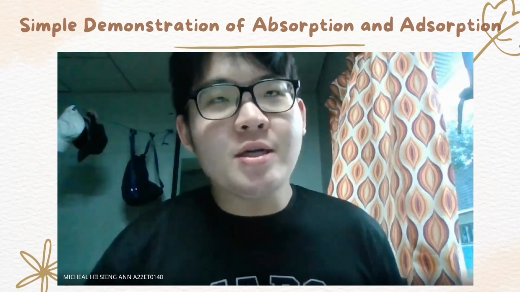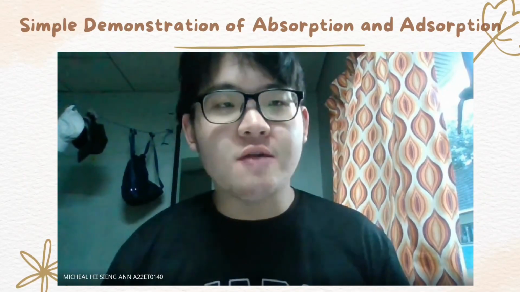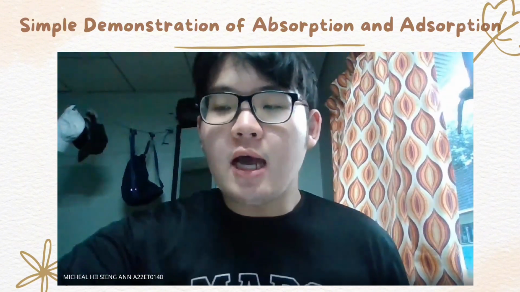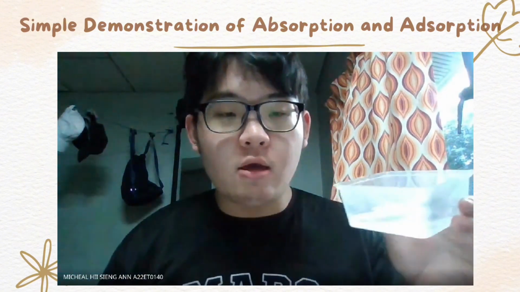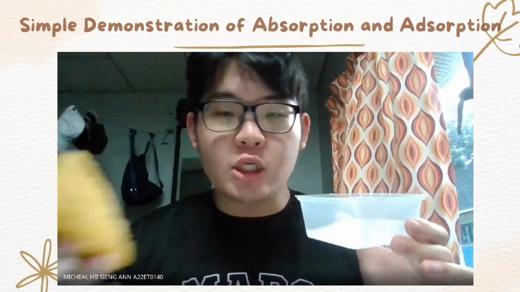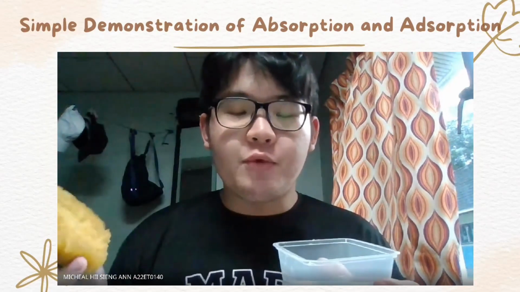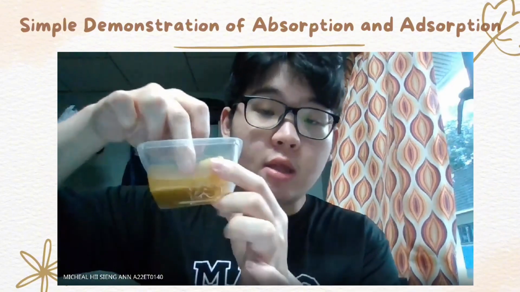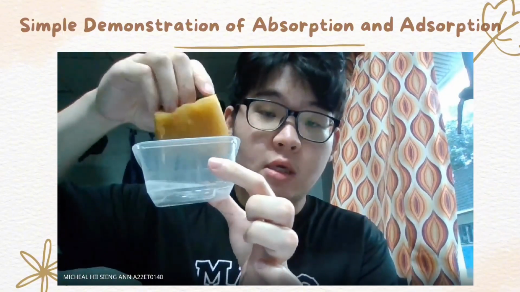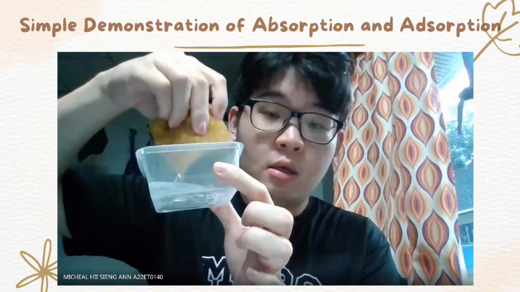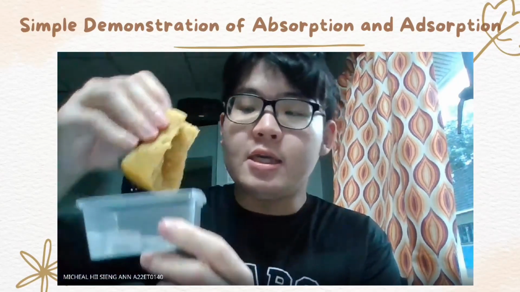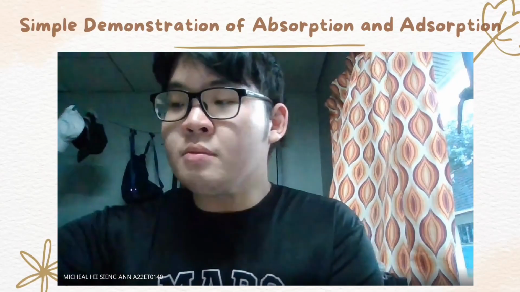So now I want to do a simple demonstration for absorption and also adsorption. So here I got some water and a sponge. As you can see, when I put the sponge into the water, the water will be absorbed into the sponge, and this is absorption.